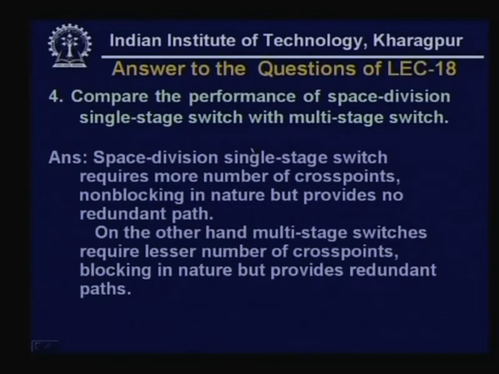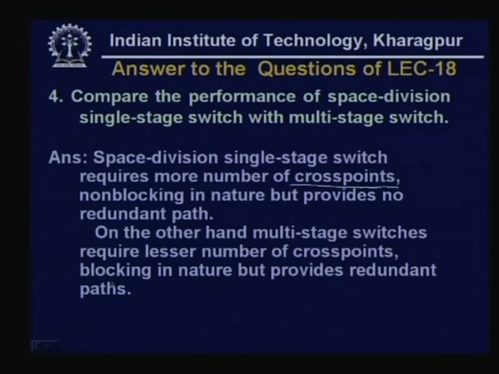Fourth question was, compare the performance of space division single stage switch with multi-stage switch. Answer is, space division single stage switch requires more number of cross points, as you have seen. It is non-blocking in nature, but provides no redundant path. On the other hand, multi-stage switches require lesser number of cross points.